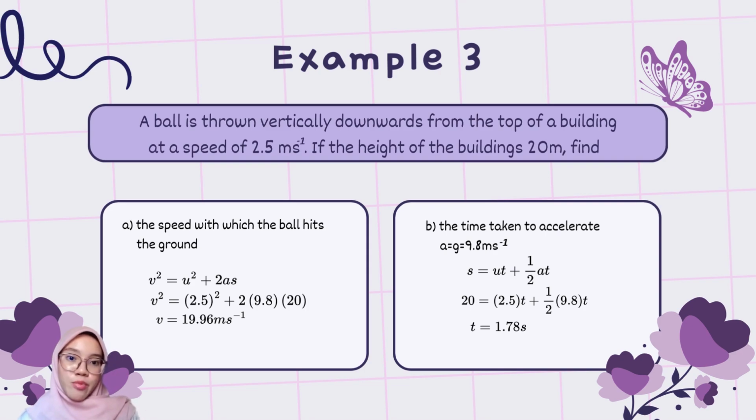So a is 9.8 times t squared. So we calculate and we can get the answer for time, t is equal to 1.78 seconds.